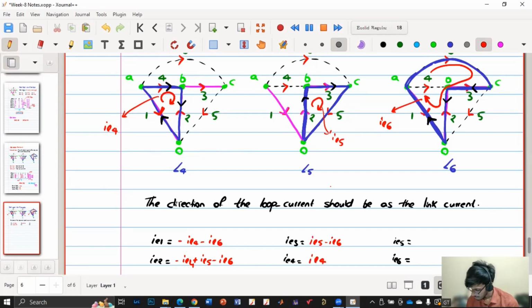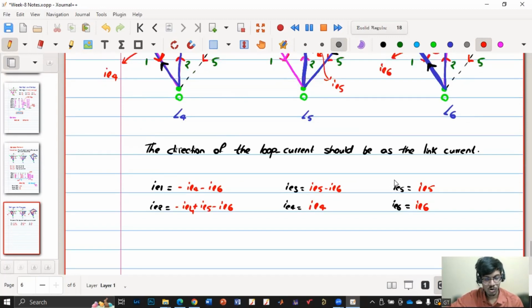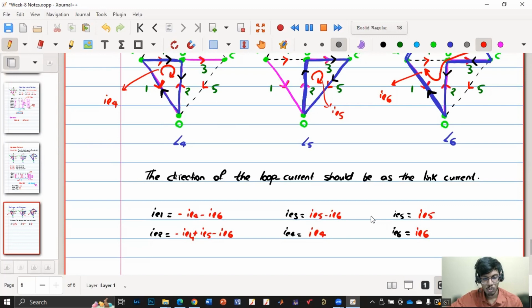Element 5 also has one component, which means IL5. And element 6 also has one component, which is IL6. If you notice, the element currents are equal to the loop currents for the links. So element 4, element 5, element 6 are the links, and for their case, it is just the loop current.